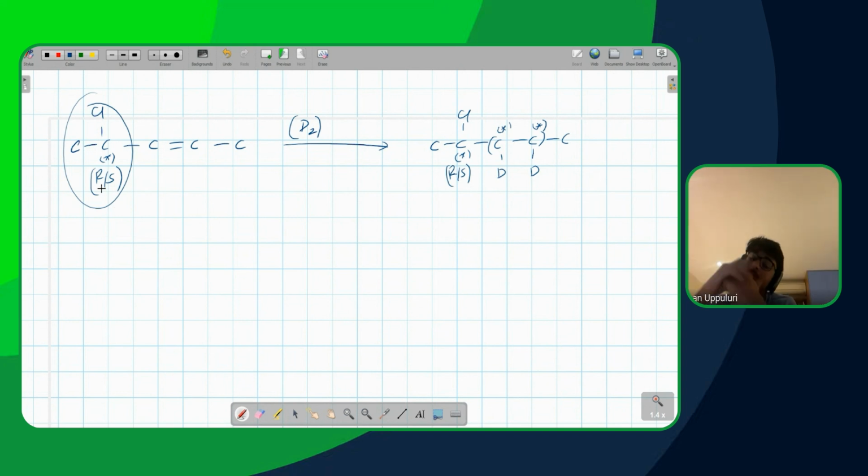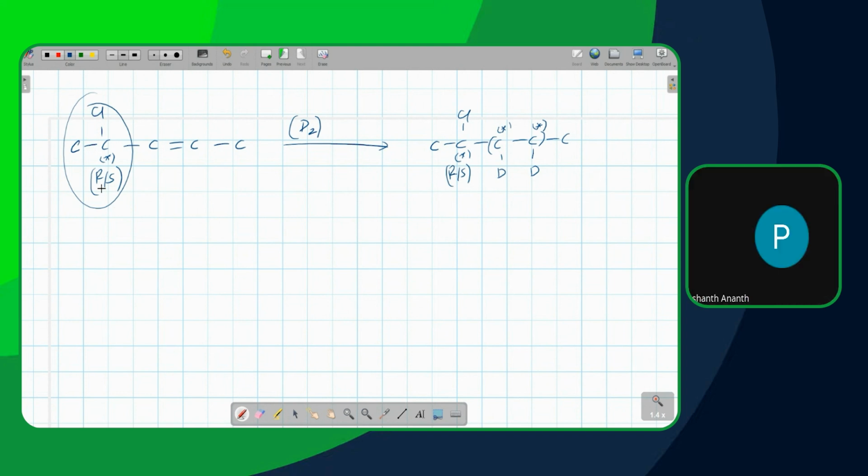What will I be getting as a product there? This will be syn attack. Syn, yes. So it can be RR, that is at these two locations. It can be RR and SS obtained as one set of products, or it could be RS and SR obtained as the other set of products. Correct?